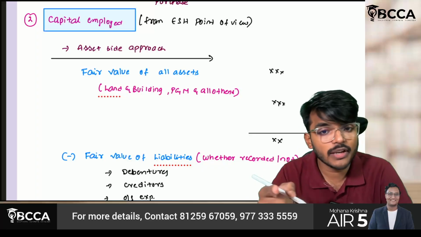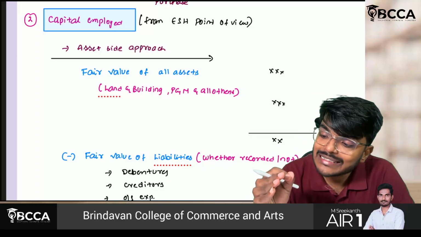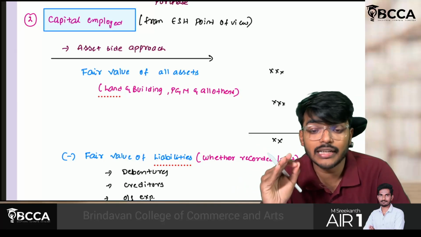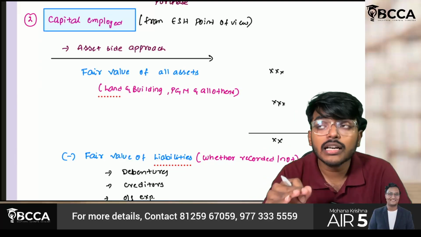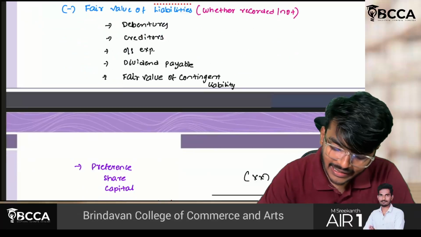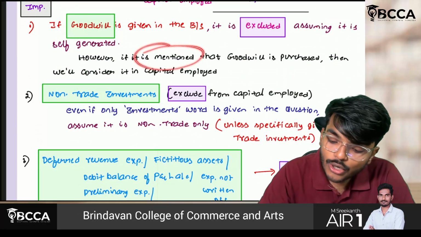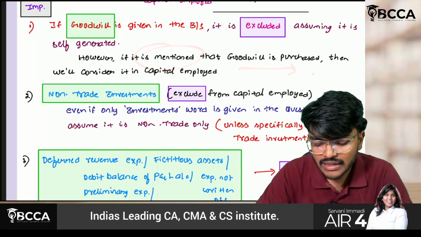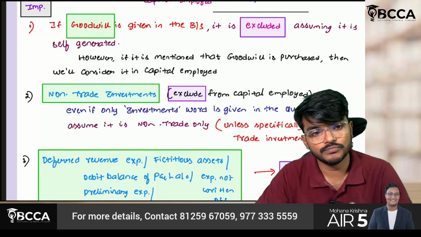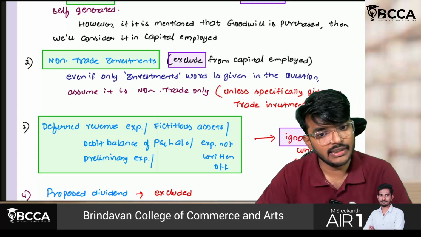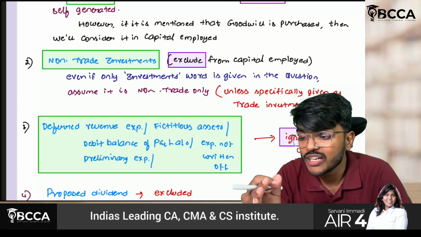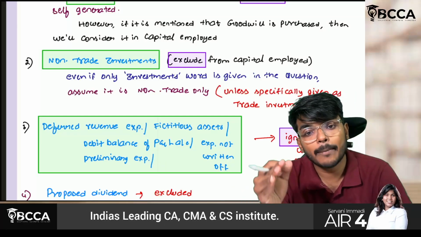So whatever goodwill they have given is not important for us; we treat it as self-generated and ignore it. But if the question specifically says the goodwill is acquired goodwill, then take it in capital employed. Second point, non-trade investments, if any are given, will also be excluded while calculating capital employed.